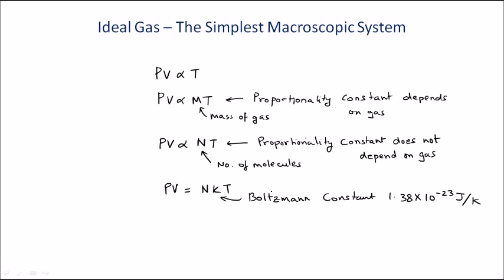Note that here N is usually a very big number and k is a small number. So this equation is sometimes written more conveniently as PV equals nRT, where R is equal to Na times k, where Na is the Avogadro number and n is the number of moles.